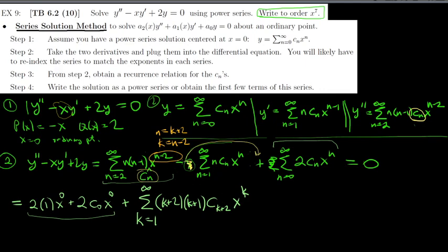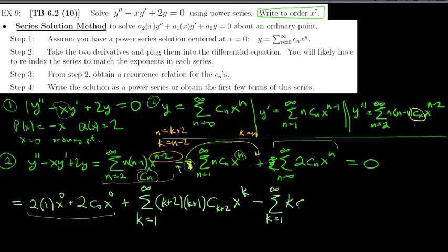Now, what about the second series? Remember, the second series, there's a minus in front here, so that's going to be minus. And we want x to the k. So if this is k, then n is k. So this is just k equals n. So that's nice, right? We're still starting at 1 to infinity.